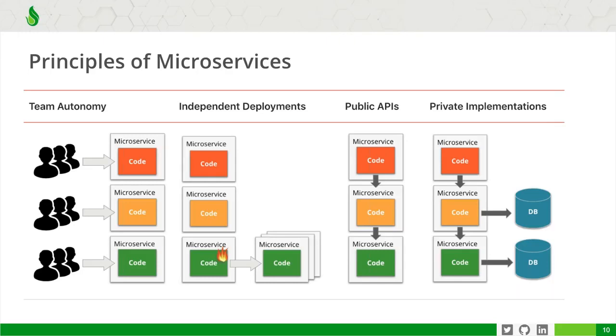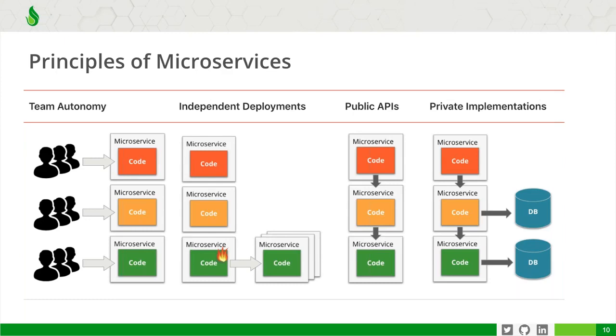The other two principles I like to discuss are that microservices ought to offer public APIs for their capabilities, and those APIs should be documented. They should be authenticated, authorization should be included with every API, and they should have some rate limiting so you can maintain certain service levels.